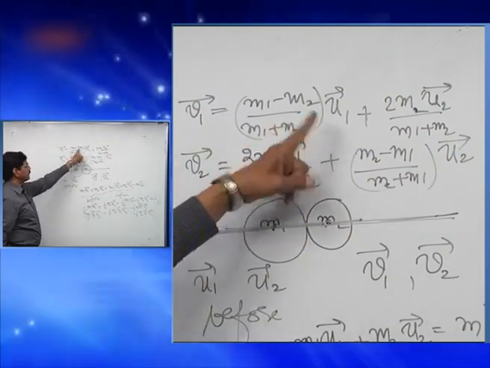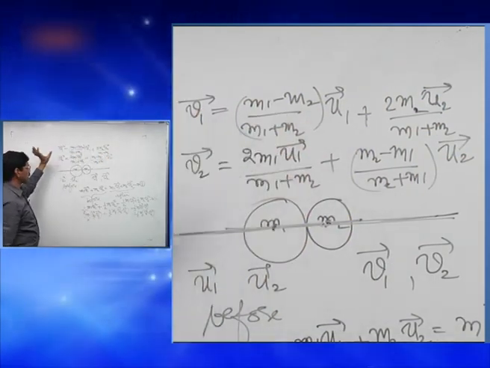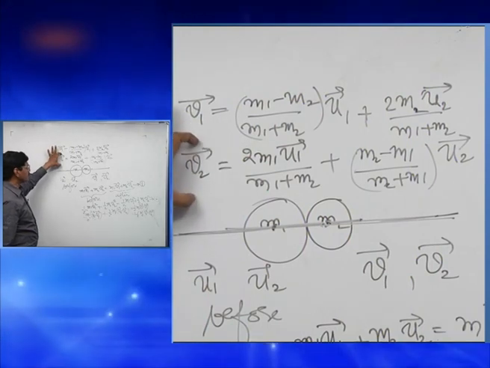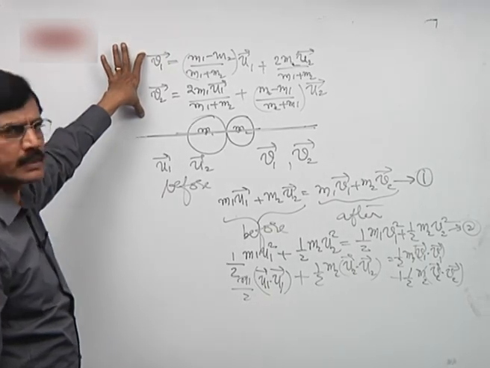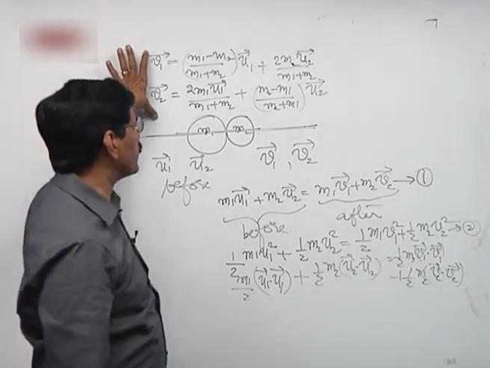Just by interchanging the subscripts, we get this expression. This is the velocity of the second ball after collision. These are the two velocities of the colliding bodies after collision.